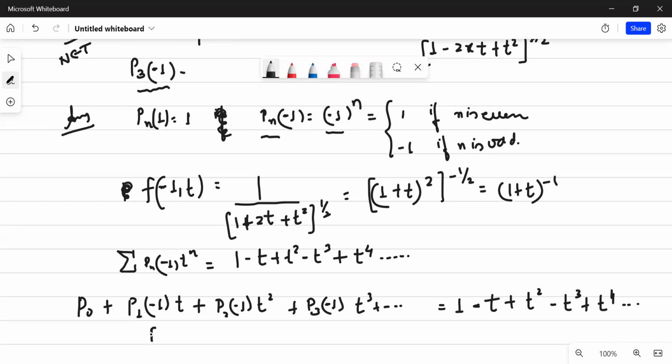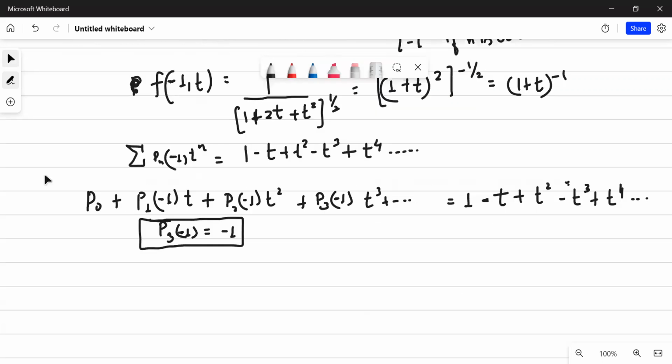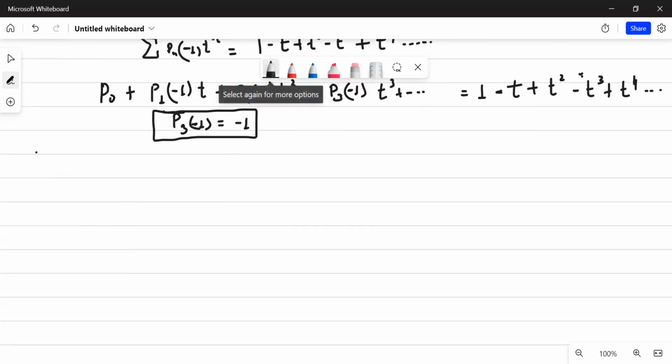If you compare, you get P3(-1) is equal to the coefficient of t cube, that is P3(-1) is equal to -1. Okay, so such questions are asked in examinations. Time and again you will see such questions.